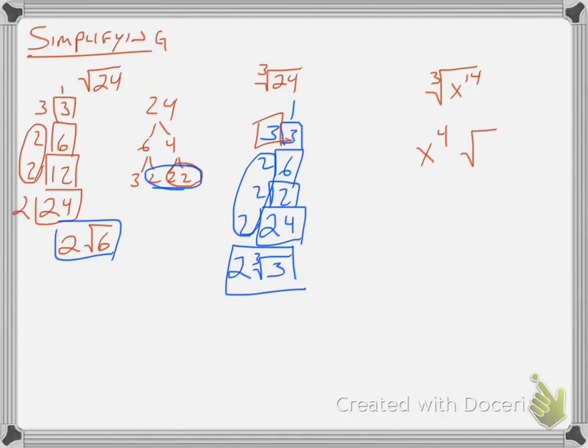So that means that there's 2 remaining. So what it means is that remainder is going to stay on the inside of that radical. So that's going to be x squared. So 3 goes into 14 4 times, but it has a remainder of 2. So the x squared stays on the inside.